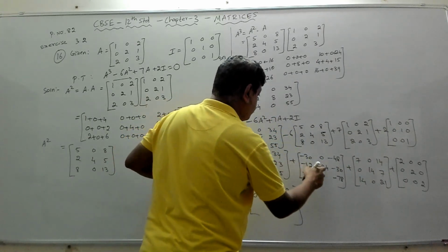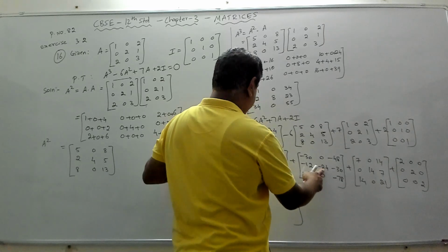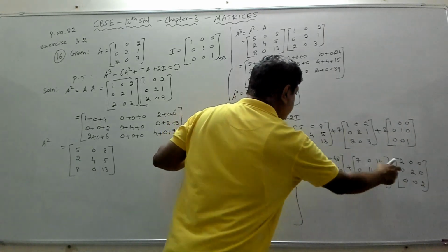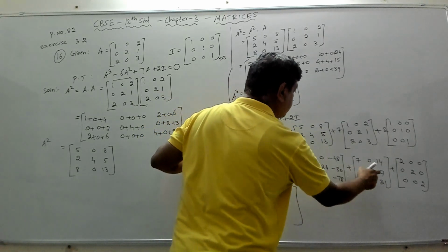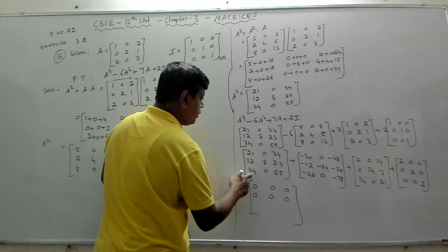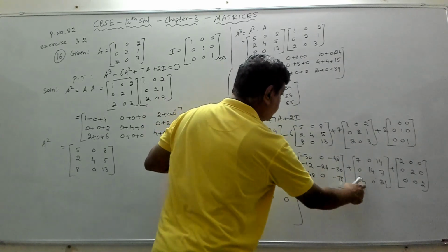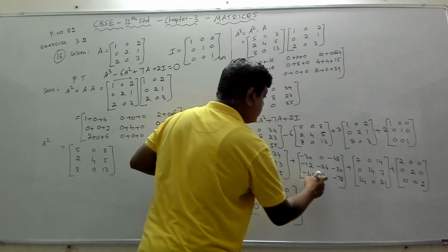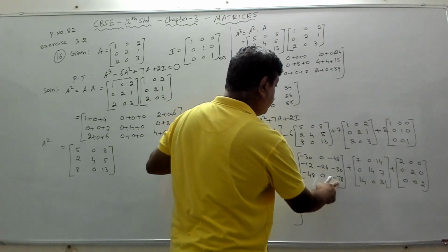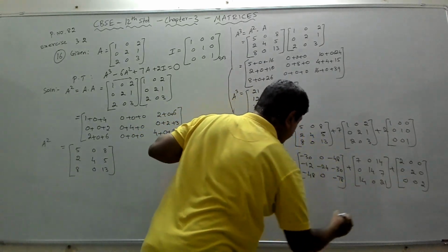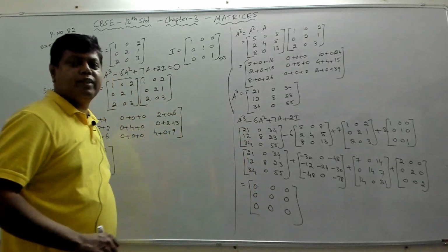Then 8 minus 24 is minus 16. This is plus 16, 0. And 23, minus 7... plus 7, so 0. 34 minus 48 is minus 14 plus 14, 0. 0 plus 0 plus 0 plus 0, 0. 55 minus 78 is minus 23, then 21 plus 2 is plus 23, so minus 23 plus 23 is 0.